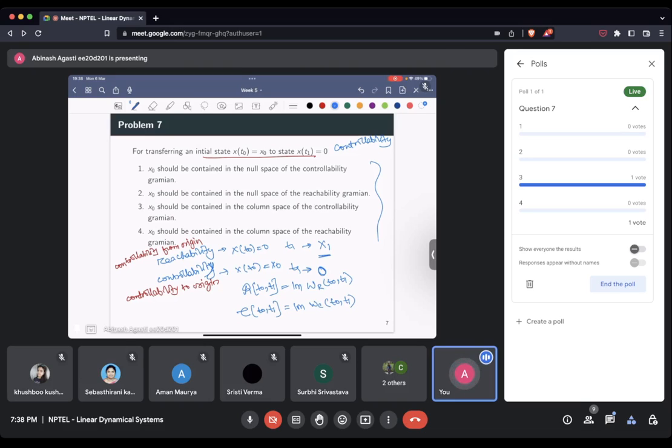That means x naught should be a controllable state, or controllable to the origin, and that means it has to be an element in the controllable subspace. And if it is an element in the controllable subspace, then it is an element in the image of the controllability Gramian. Which basically means x naught should be contained in the column space of the controllability Gramian. Is it clear? Please let me know if there are any issues with this, because this is an important concept.